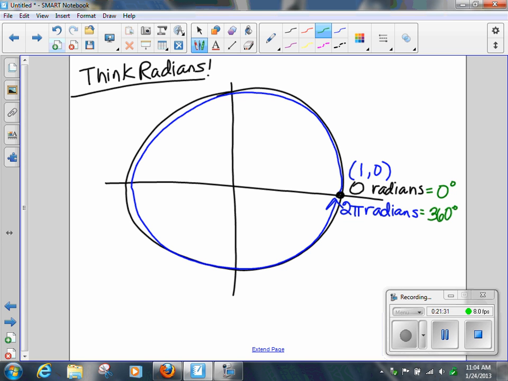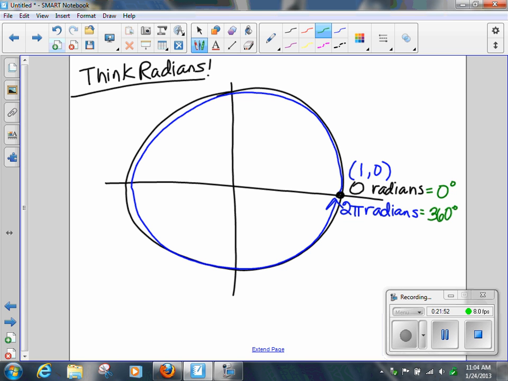Now notice where I've placed these numbers, for reasons. 0 shows no rotation at all. My blue line shows all the way around. Notice I put 2 pi underneath the x-axis because it's showing you that I've gone all the way around, okay?